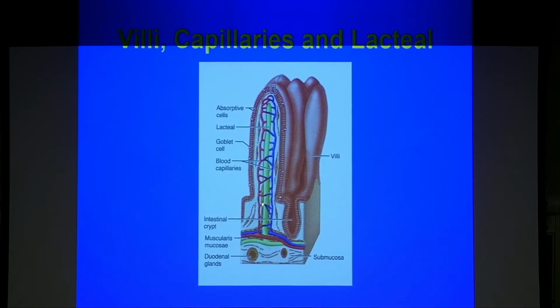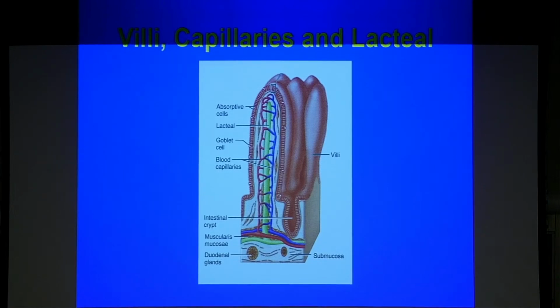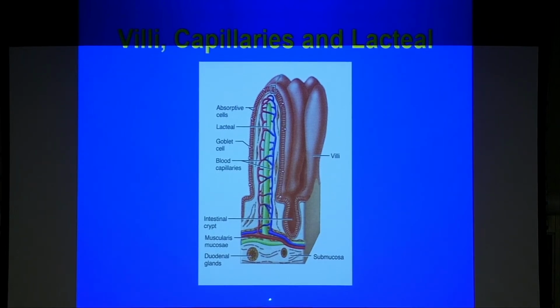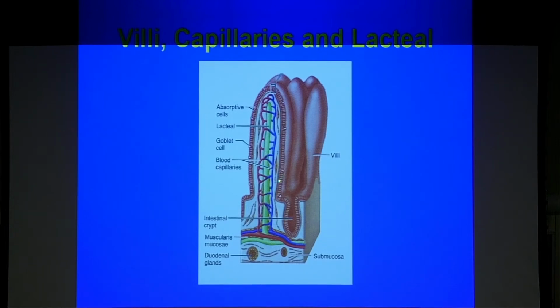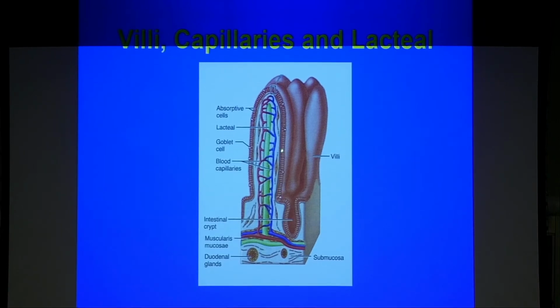The next structure in here is in green, and I want to show this here because this is what they call a lacteal. The lacteal is an extension of the lymphatic system. And where the water-soluble nutrients, mostly glucose and amino acids, will be taken up by the hepatic portal system, we'll see that lipids in the form of chylomicrons that were formed in the enterocytes will enter the lacteal and be swept off in the lymph.